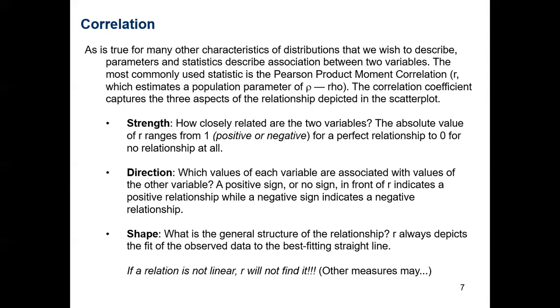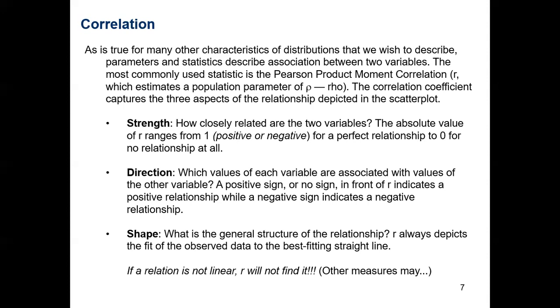So you need a subset of the population, which is called a sample. The sample correlation is called R, the alphabetical letter R. But the population correlation is called rho, the Greek letter rho.